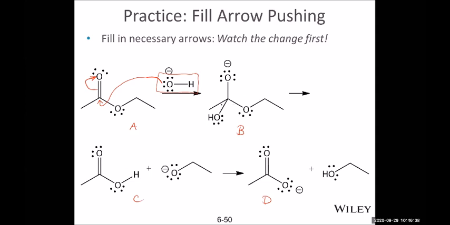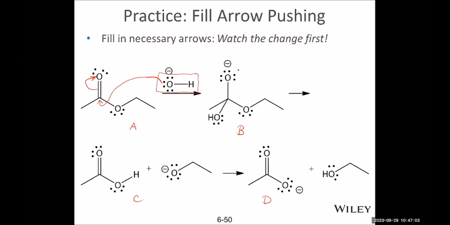Is this bond change or this bond change? Which bond changed? You can see this piece, an oxygen negative ion with methyl group, with acid group. That part broke. So it is actually this bond that breaks.